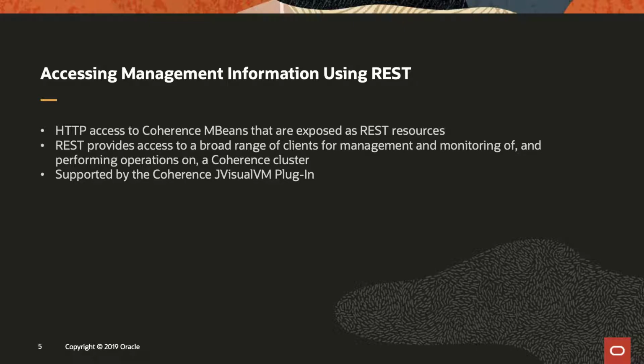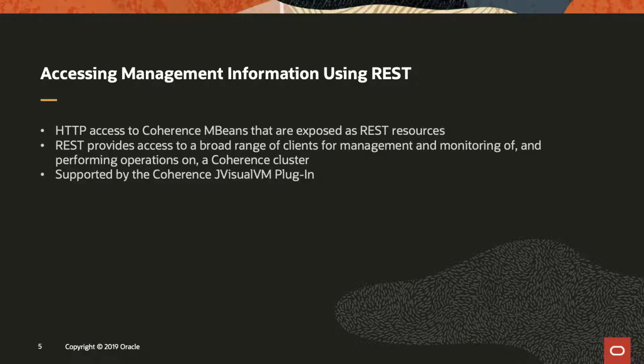Management over REST provides HTTP access to Coherence MBeans, exposing them as REST resources. REST access provides access to a broad range of clients, and in addition, it facilitates network access because it's using HTTP.